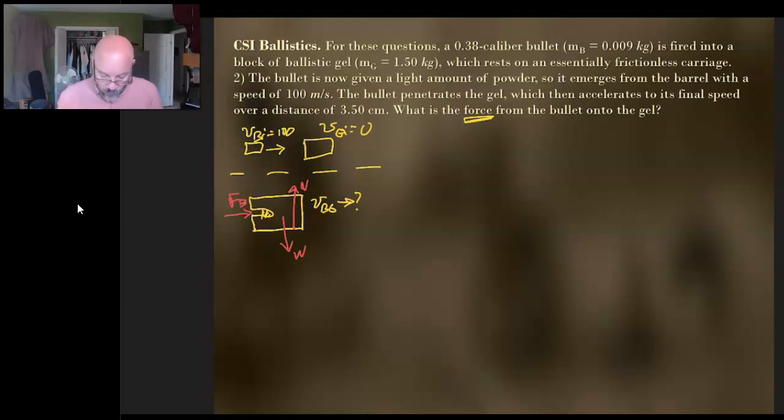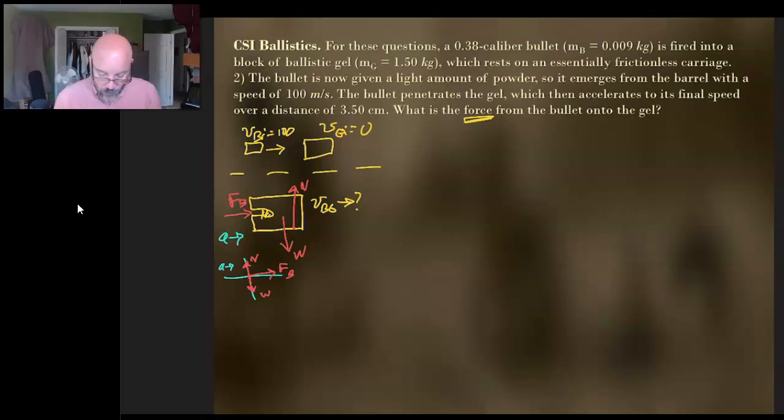Okay, but we know we're going to have some acceleration this way. So if we look at a free body diagram here, then we're going to have the force from the bullet here, the weight, and the normal force there. And then, of course, we have got our acceleration this way.